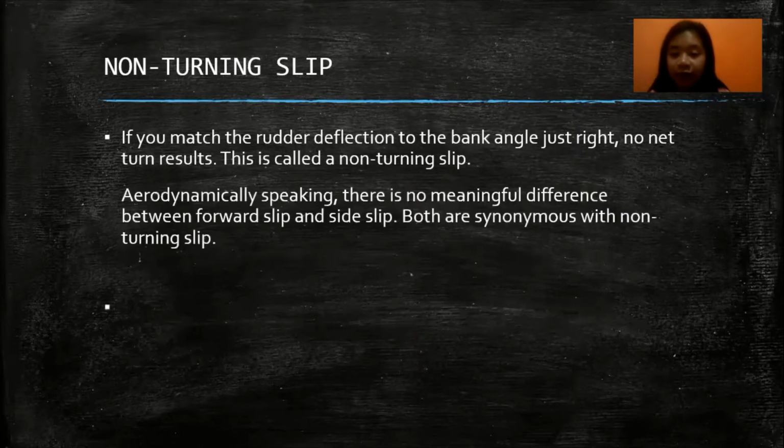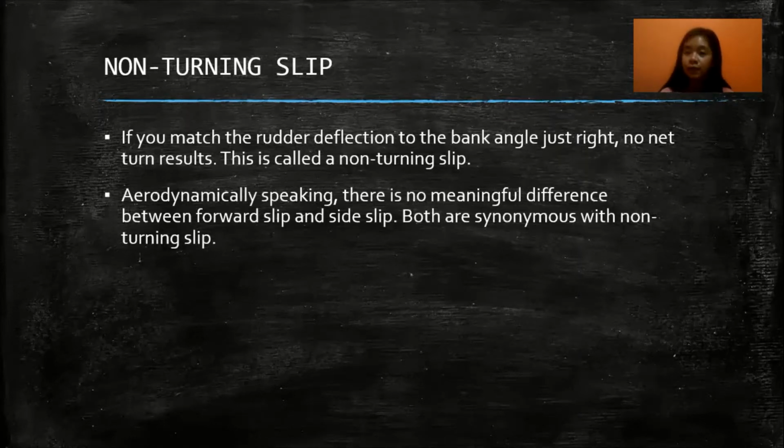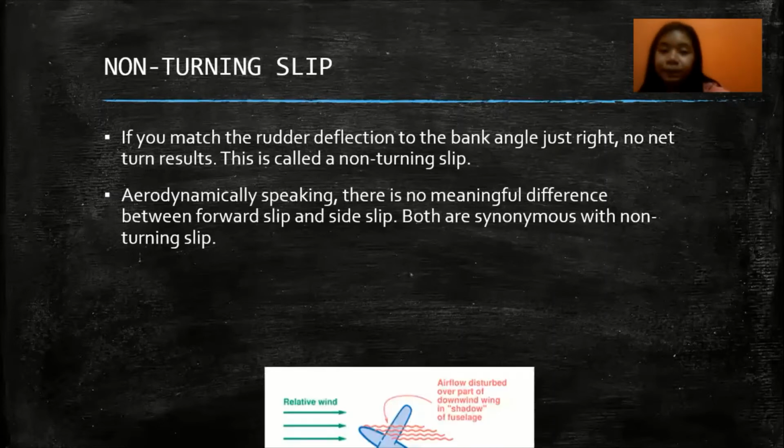So, aerodynamically speaking, there is no meaningful difference between forward slip and side slip. Both are synonymous with non-turning slip. So, kapag ginawa mo ng maayos yung forward slip at side slip, magre-result to into a non-turning slip, which is pareho lang yung dalawa. Ang magkaiba lang sila is yung sa direction ng wind.